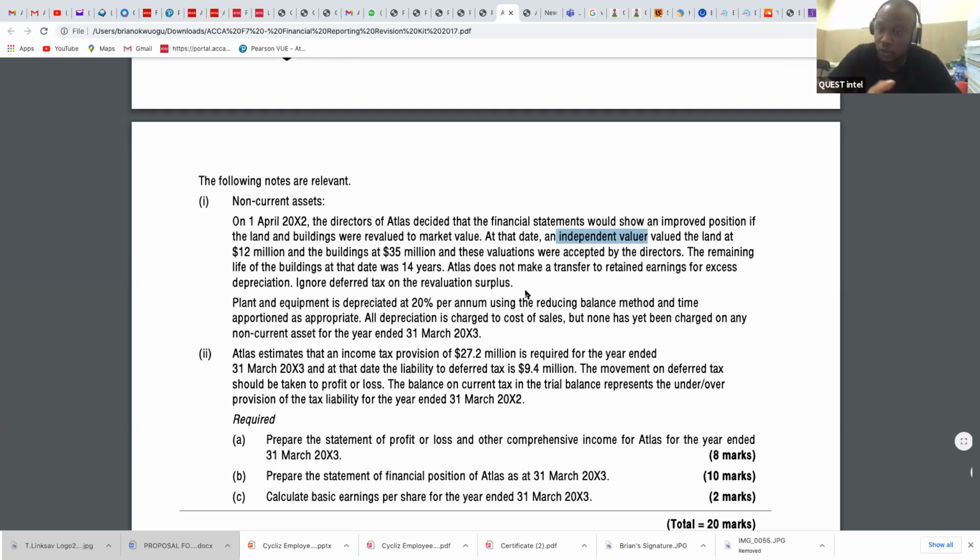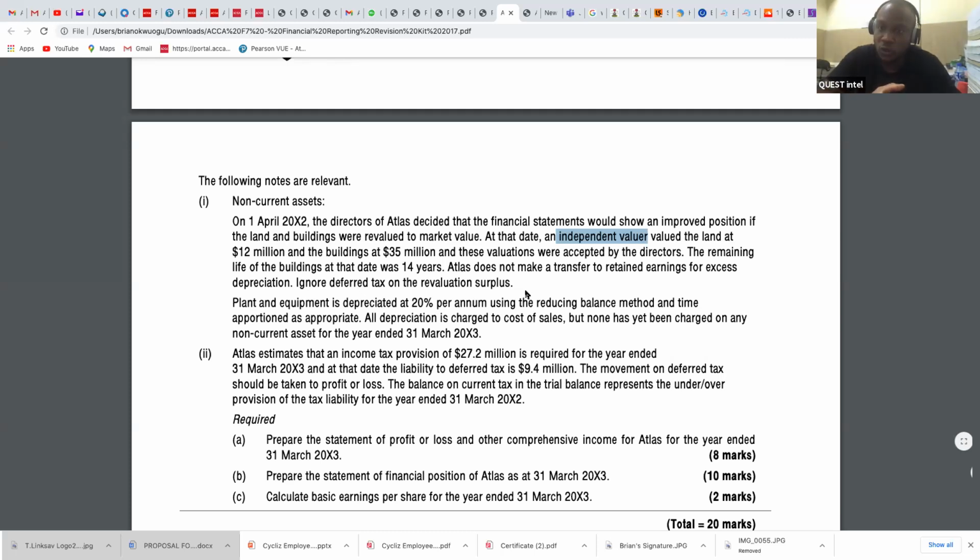So since you're going to use it for a long time and it's going to be within the company, if you valued it upwards, you're not supposed to realize that because it's not really realized, because you're still going to use it and you're subject to fluctuations that can happen in the economic environment. So we keep it in a reserve. I usually say that the revaluation reserve is the storehouse for profit until it is realized. So we are just keeping it there until we realize that profit at the end of the life of that asset.